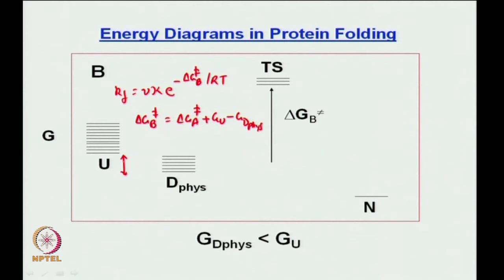So, if the barrier becomes larger and tau_b is equal to 1 by k_f in this case, then I can write here tau_b would be greater or lesser than tau_a. Tau, the folding time, would it be greater or lesser than tau_a?